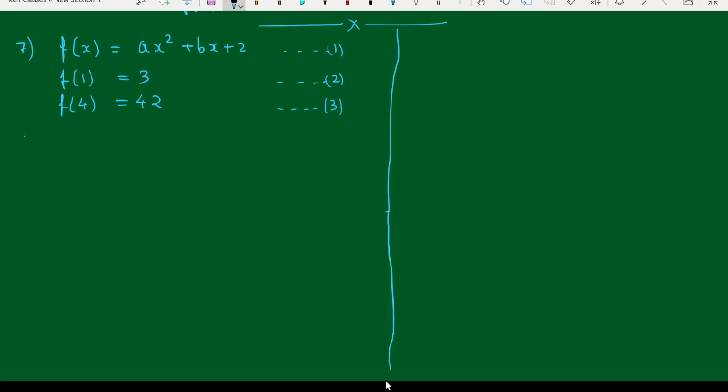So we will have f of x is ax square plus bx plus 2.